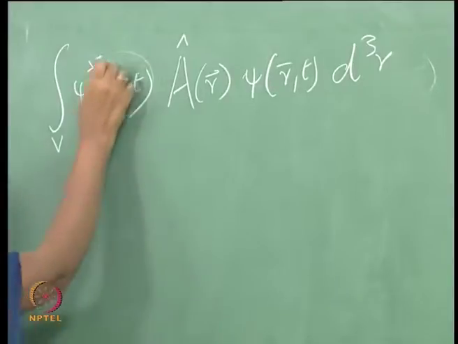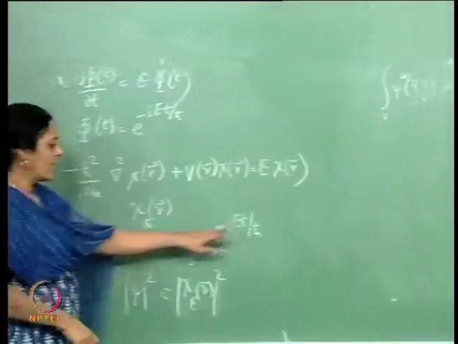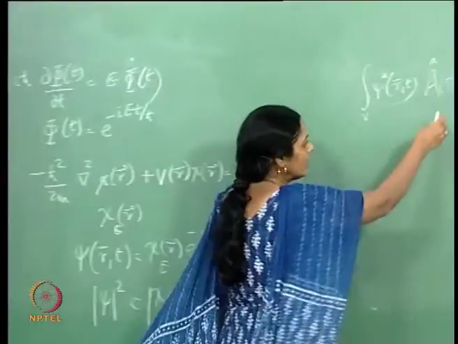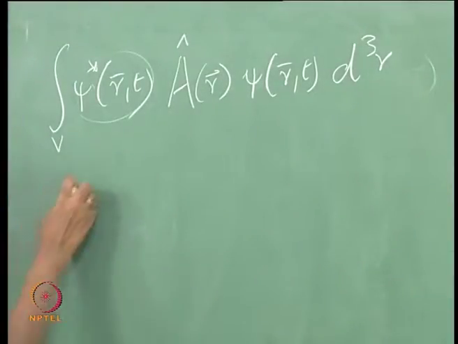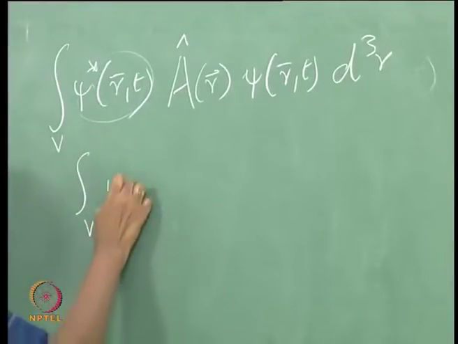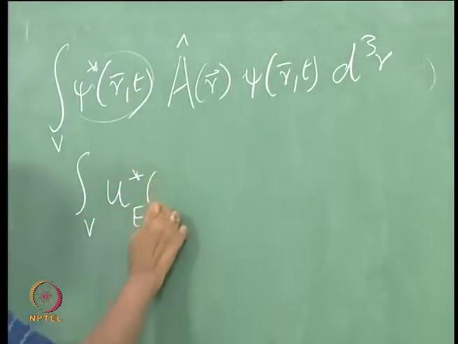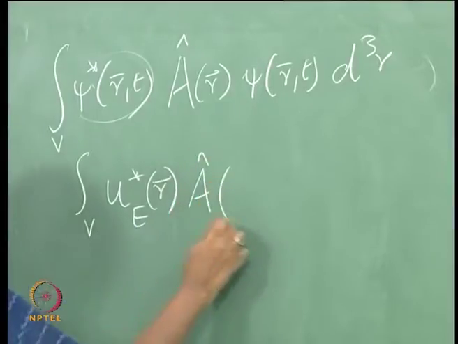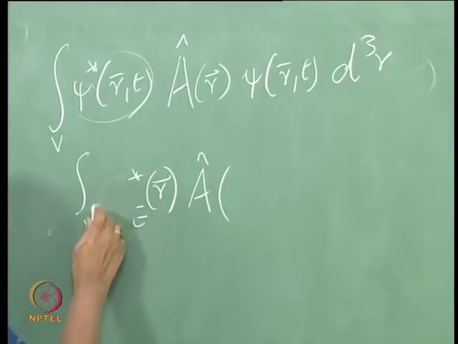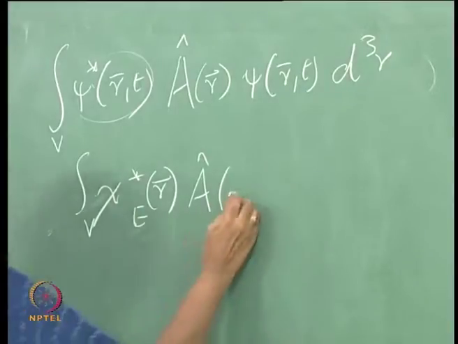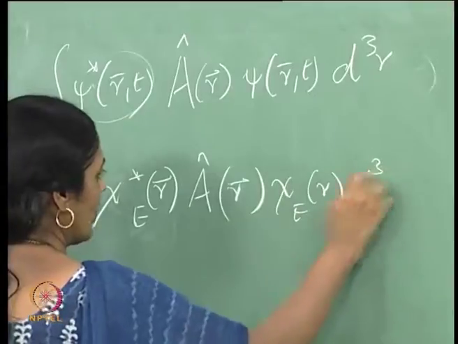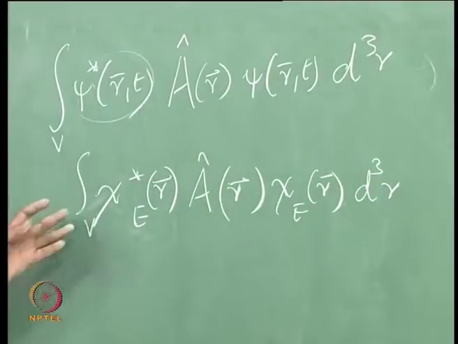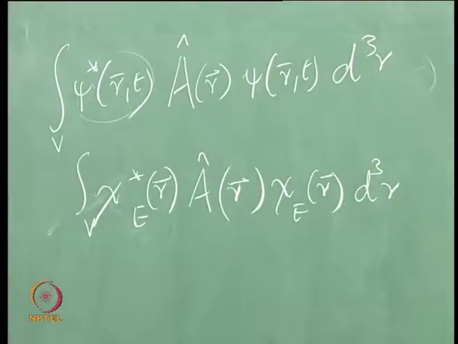It is clear that this part has e^(iEt/ħ), and the ψ here has e^(-iEt/ħ), which cancel out, and therefore it is really like doing χ_E*(r) A(r) χ_E(r) d³r. And therefore expectation values do not depend upon time. For all times I have the same expectation value.